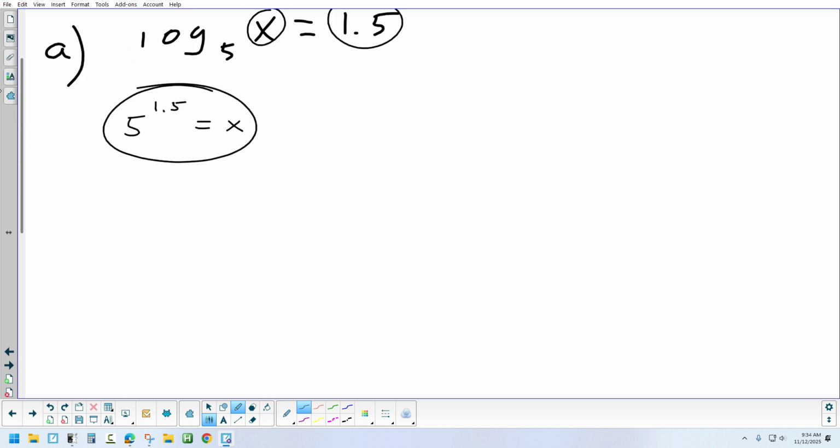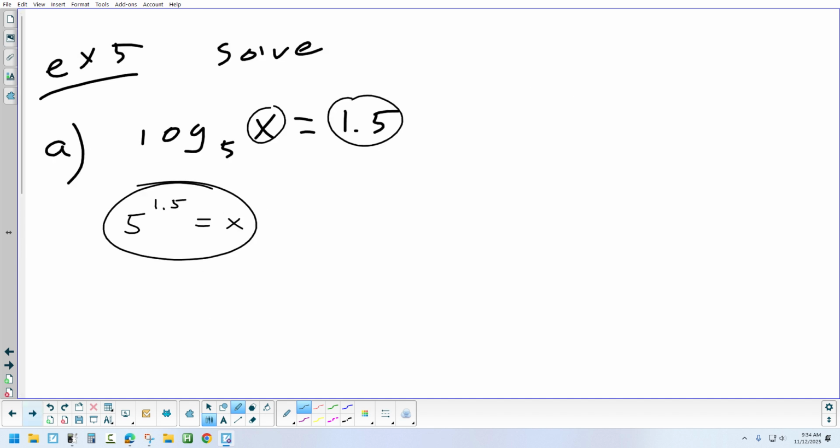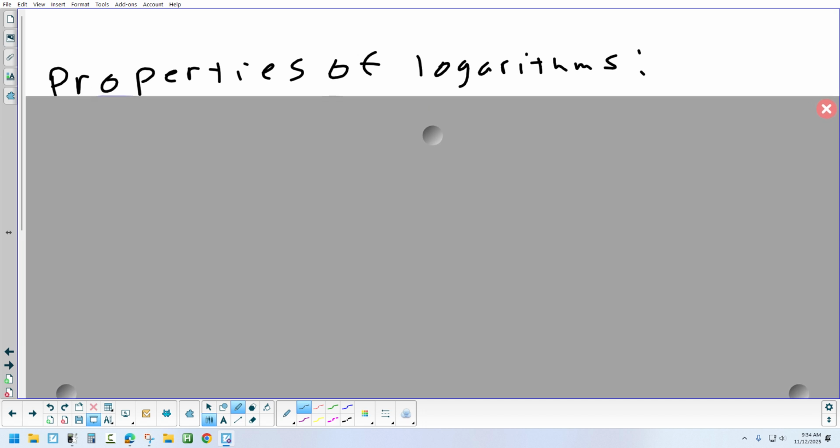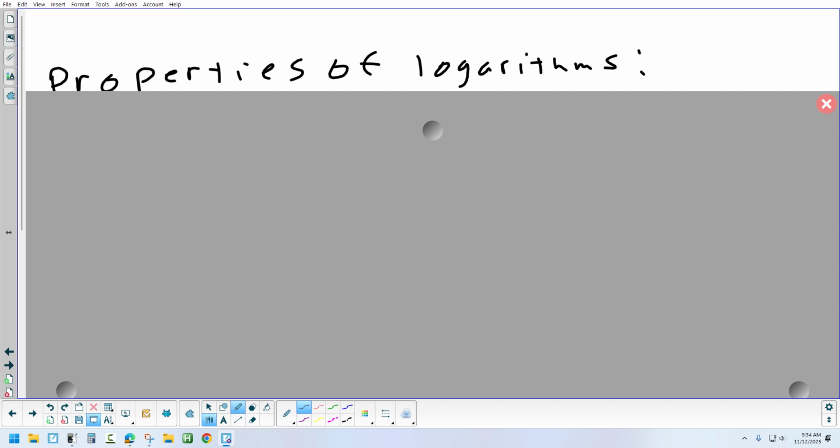Variable in the base, variable in the argument, and then we did the variable all by itself on the other side. All right, so next thing we're going to look at is some properties of logarithms.